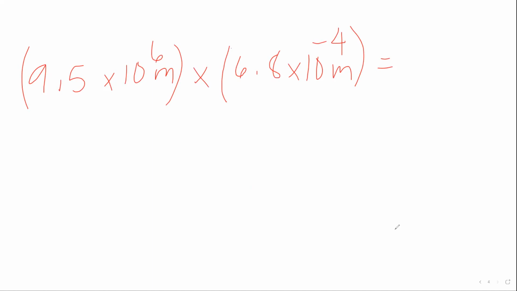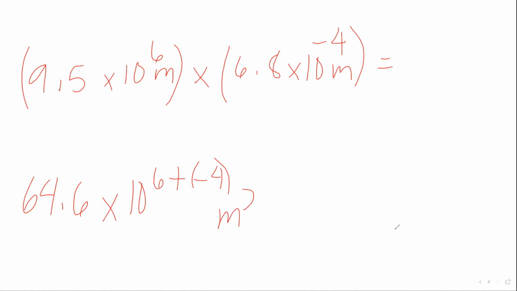All right, so first thing to do is to multiply the 9.5, right, times the 6.8. And that's going to give us 64.6. So we're just writing this down so far. Times what? Well, it's 10 to the 6 plus -4, right? And this is meters squared. So that's going to be equal to 64.6 times 10 to the second so far, right?